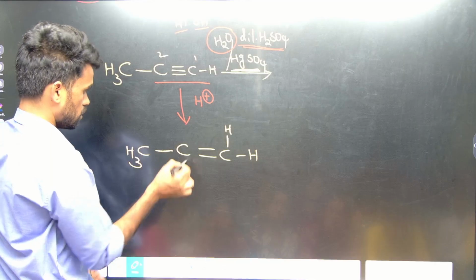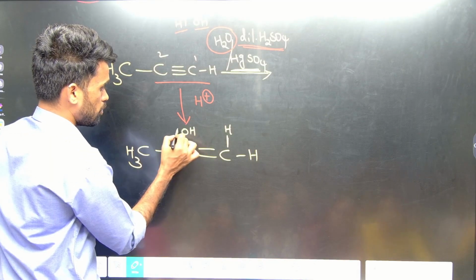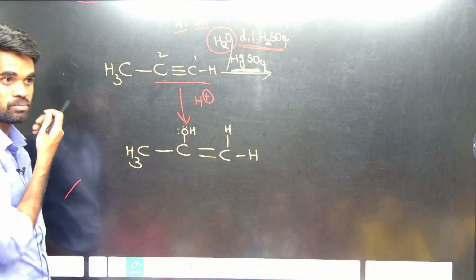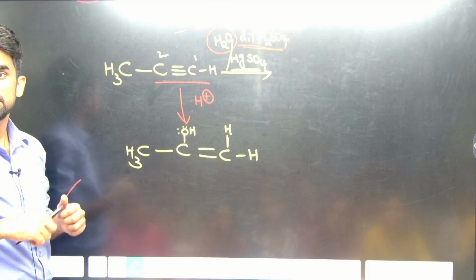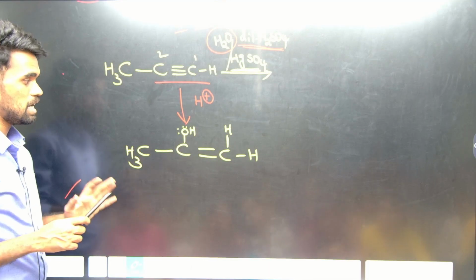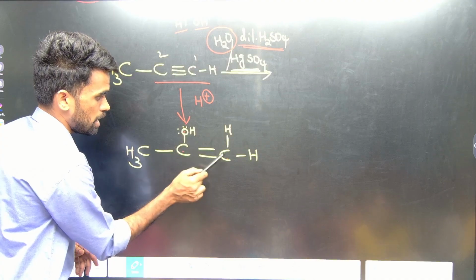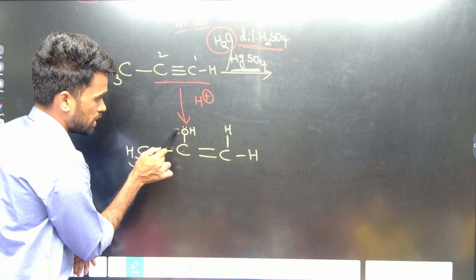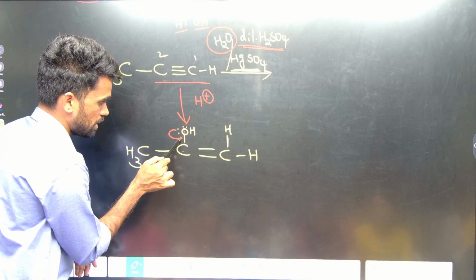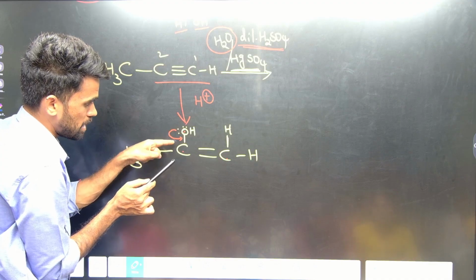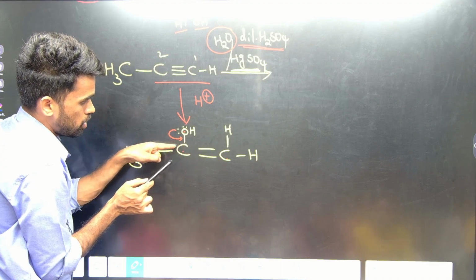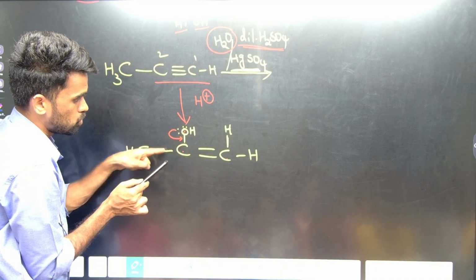OH. Do you remember keto-enol tautomerism? What does tautomerism mean? Proton transfer. Generally 1,3, I told you. See 1, 2, 3. From here to here I am transferring this proton. For that, see, like this. Lone pairs are given this side, so how many bonds is it becoming for the carbon? 1, 2, 3, 4 are there.